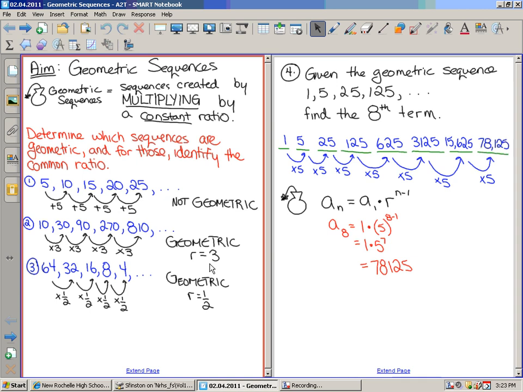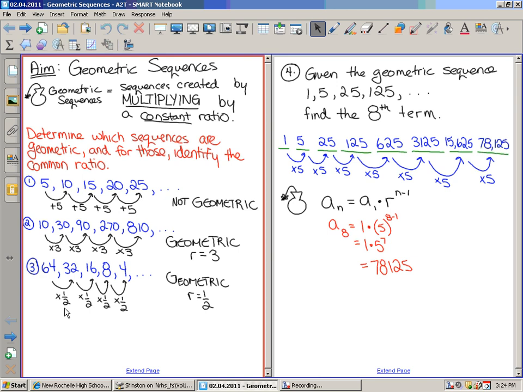Now, you can get real tricky with these because in question number 3, you'll see that you divide by 2 each time, and that's how you get each one of these terms. Well, dividing by 2 is the same thing as multiplying by a half.